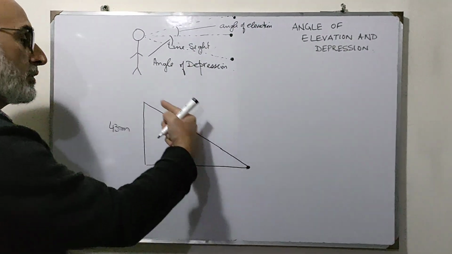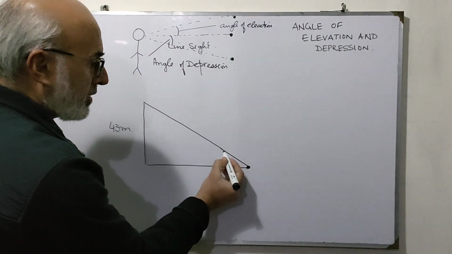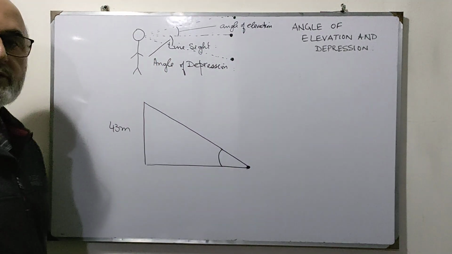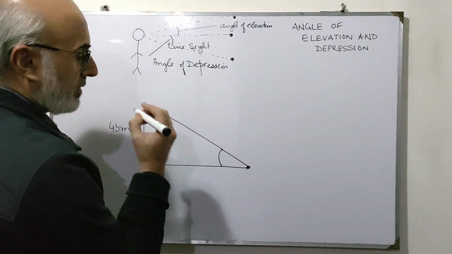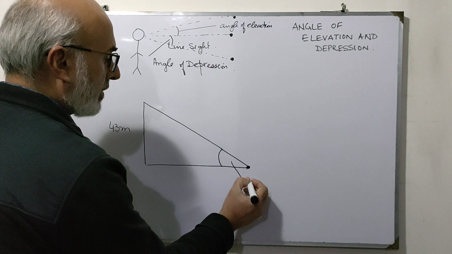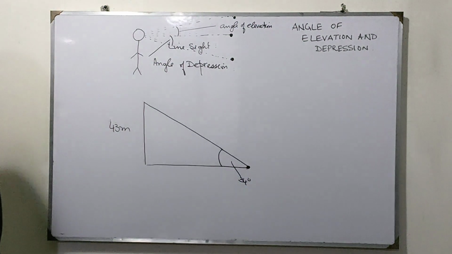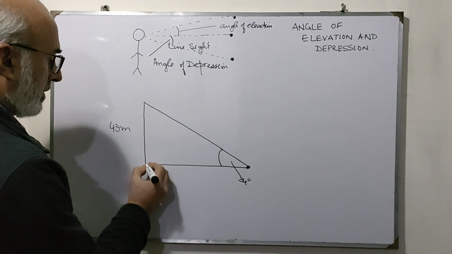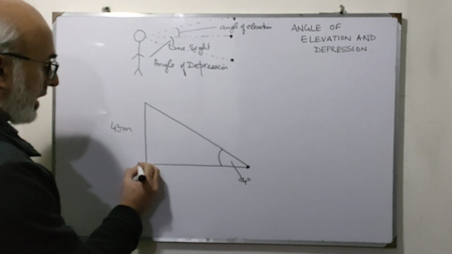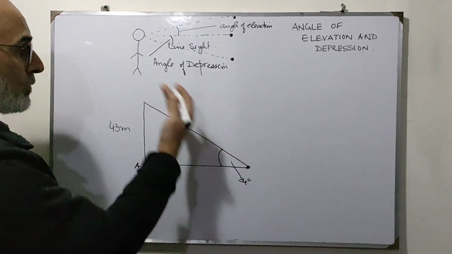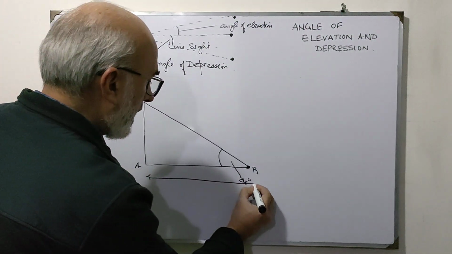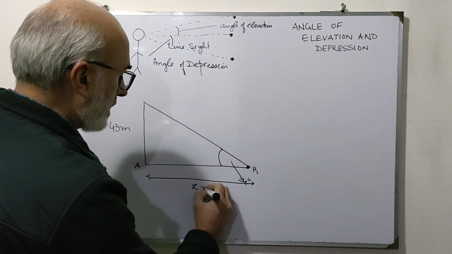Since from here it is looking towards the top of the building, it is making an angle, and because it is above the line of sight, it is the angle of elevation, and supposedly here it is 34 degrees. If the base of the building is point A and somebody who is looking towards the top of the building is at point B, we have to find the distance between point A and B, which is supposedly x meters.